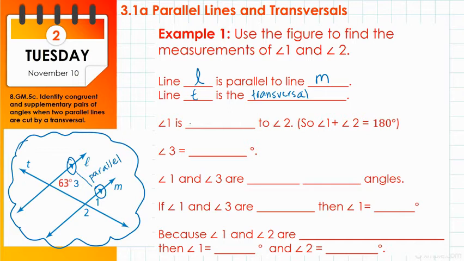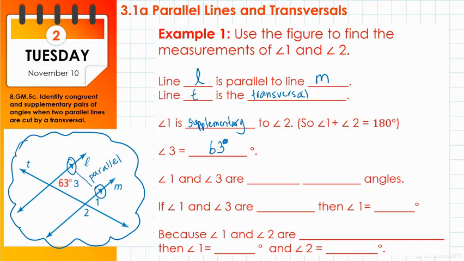So this must say angle 1 is supplementary to angle 2. Angle 3, which is here, angle 3 is given to us and it is 63 degrees.